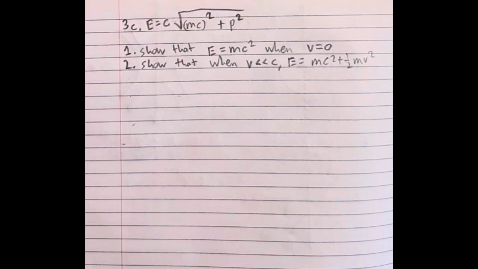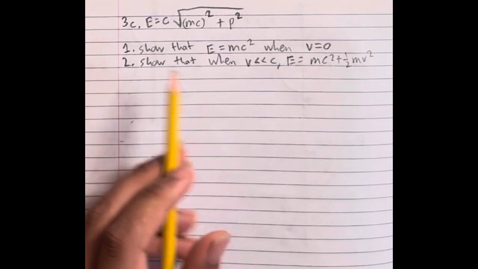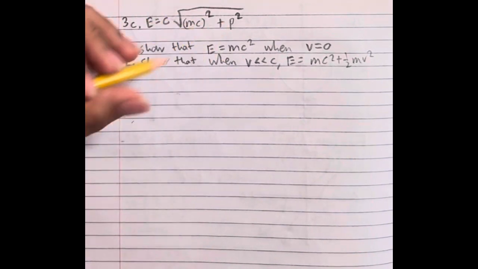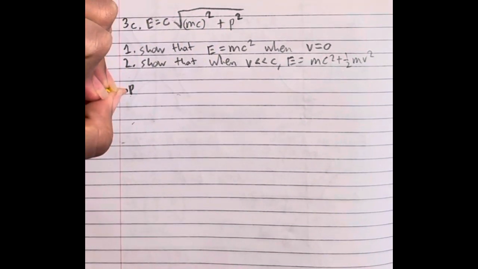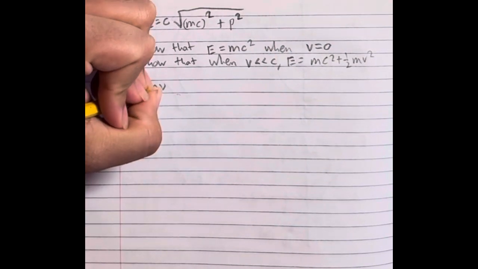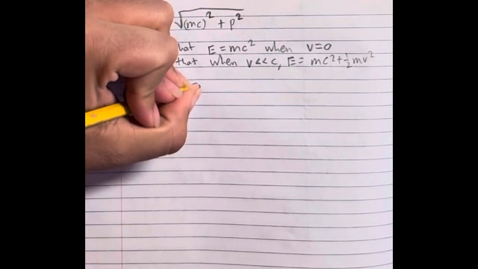Question 3c gives us the energy of a particle and asks us to prove a couple of things using this. The first thing that we're asked to show is that E equals mc squared when v equals 0. As you can see right here, p expresses momentum, and so p equals mv. As v goes to 0, p also equals 0.